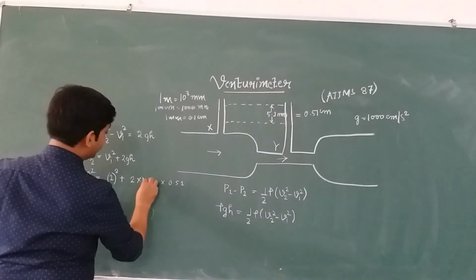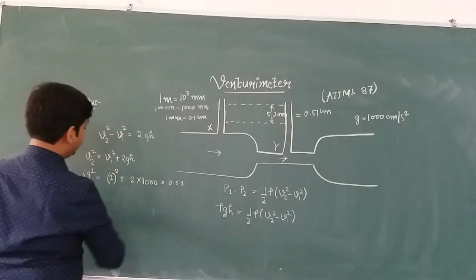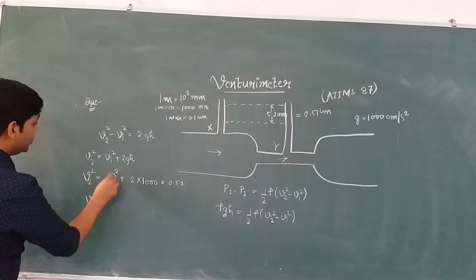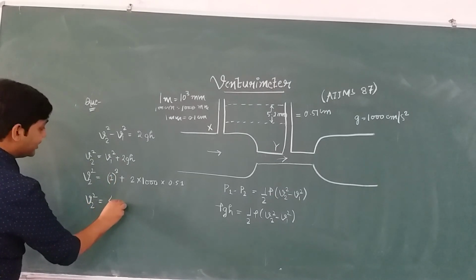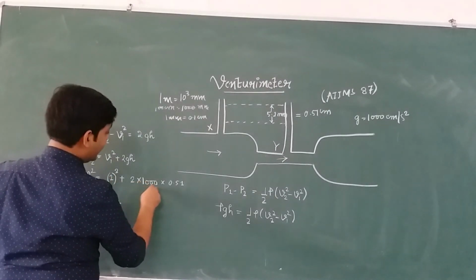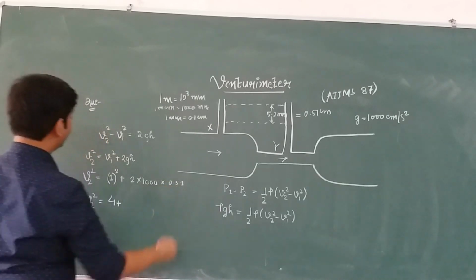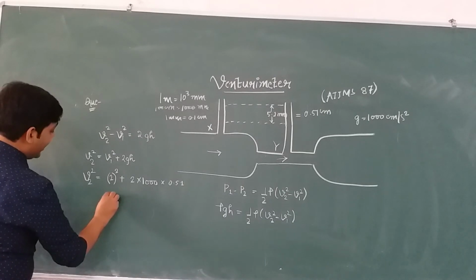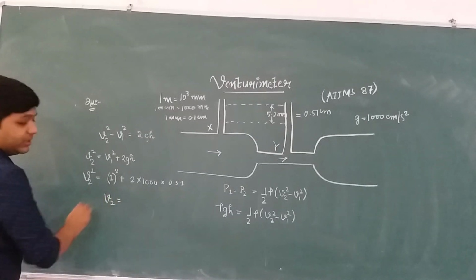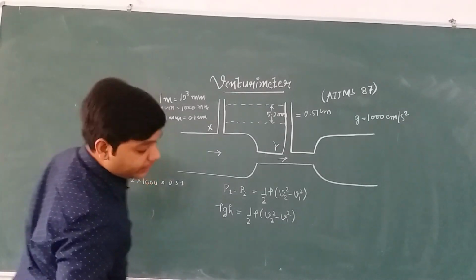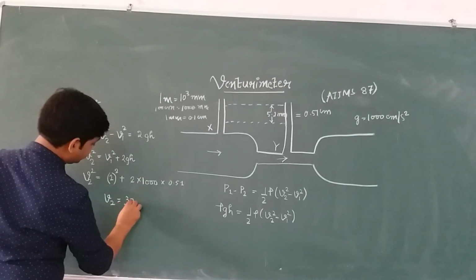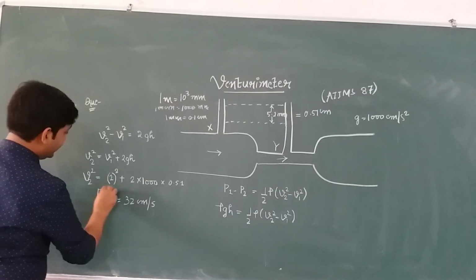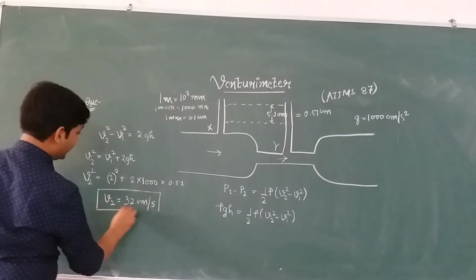We will use 1000. So V2 square is equal to 2 to the power 4 plus 2000 into 0.51. Please solve it by yourself, and you will get the answer as V2 is equal to 32 centimeter per second. I hope the concept is clear to you, which is more important.